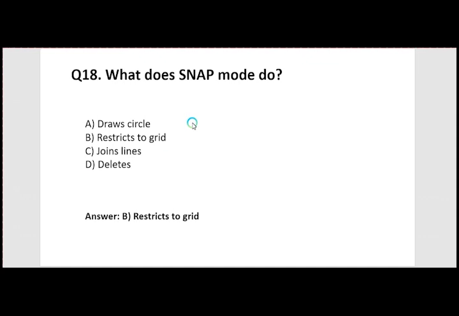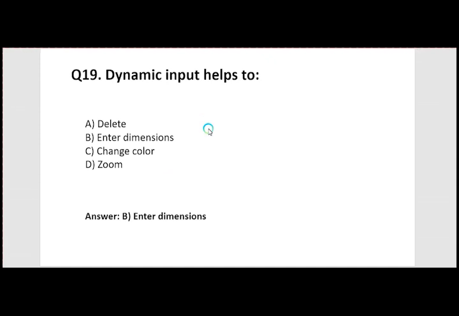Question number 18. What does snap mode do? A. Draw circle, B. Restrict to grid, C. Joins line, D. Deletes. Answer is B, restrict to grid. Question number 19.